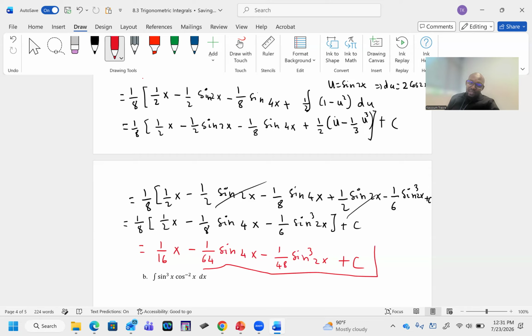Again, I know this is a little bit long, but it's always following your algebra knowledge, okay?